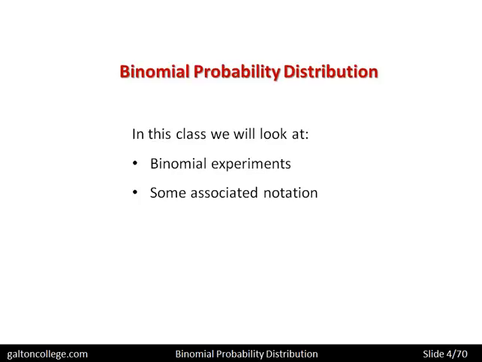I want to introduce notation, how it's written and the way it's written, and that may seem somewhat confusing as we go through it, but again, just make notes of it. It's actually quite clear the way it's written, but it may not be in a format with which you are familiar. The binomial experiments are very important to understand. As I said, they can crop up in a lot of situations.